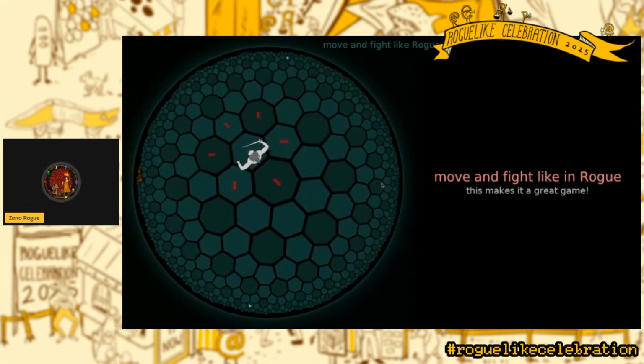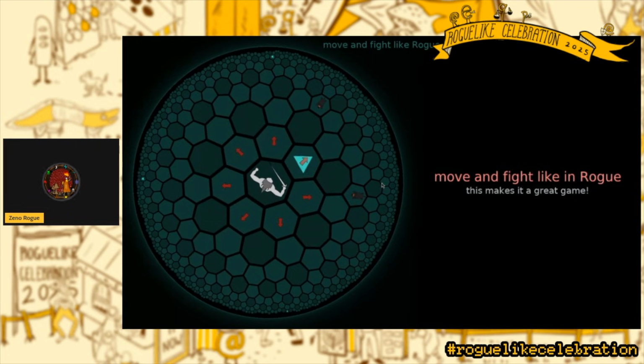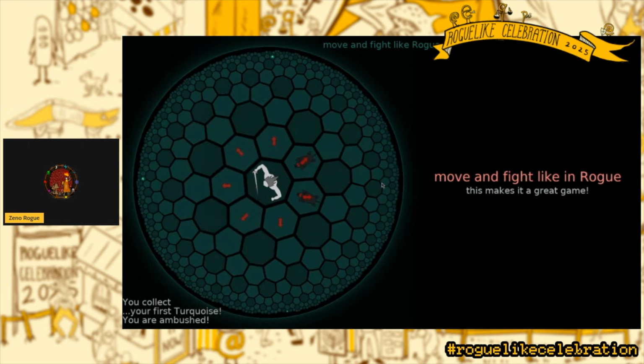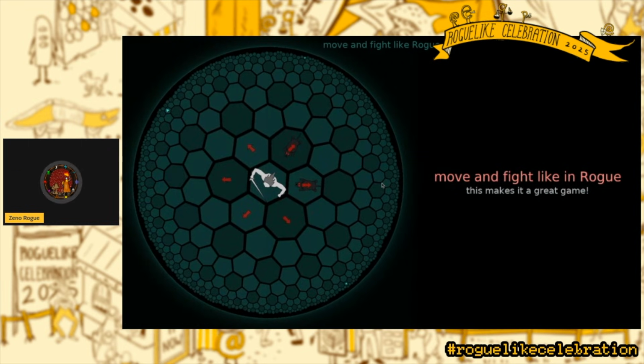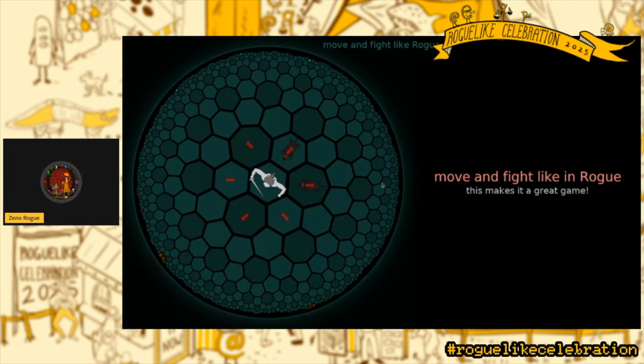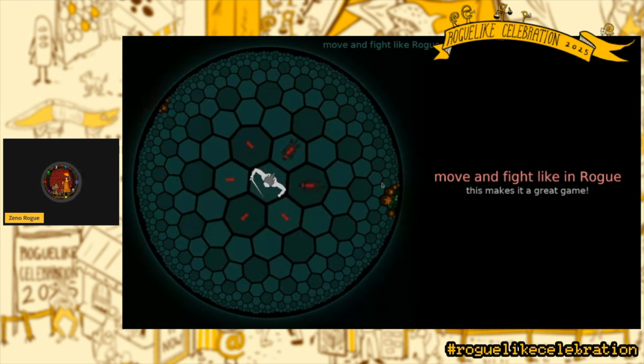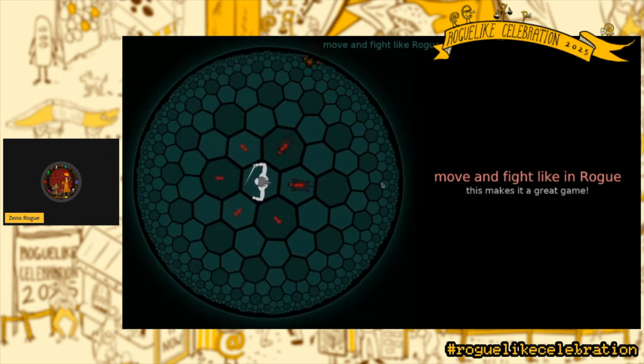Let's explain why it is so, why hyperbolic geometry matters here. So let's collect this treasure here, and now we are attacked by two monsters, and if we're on a hex grid, it wouldn't be possible to win this situation, right?